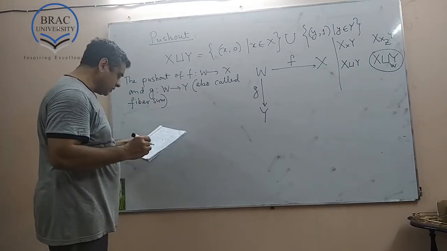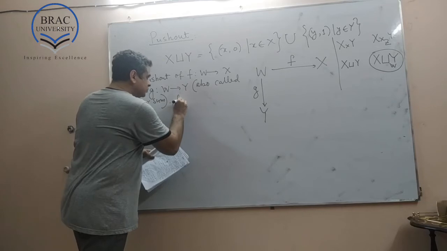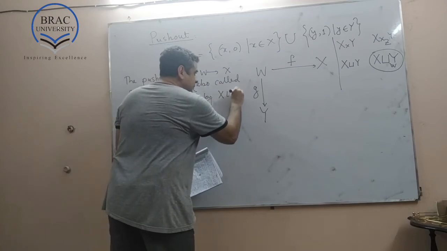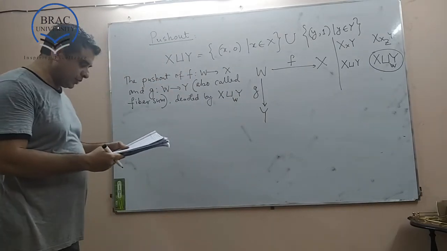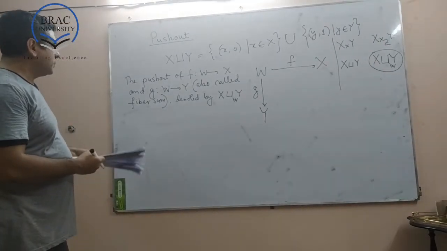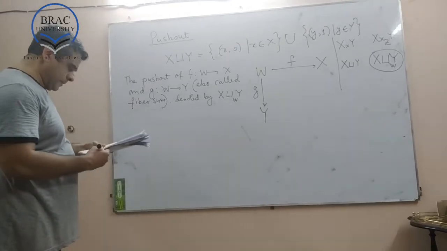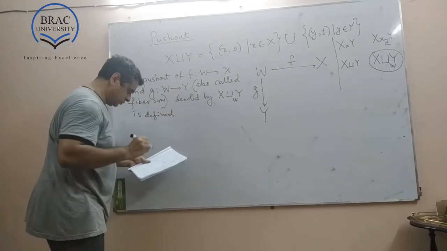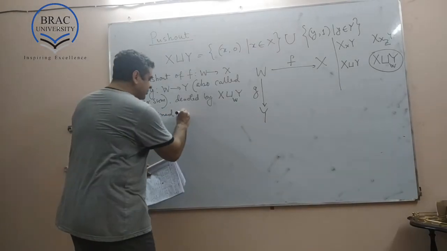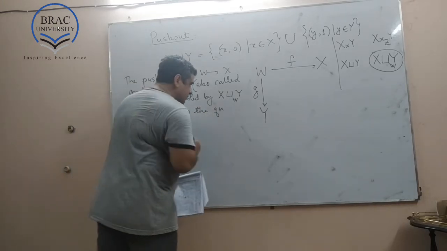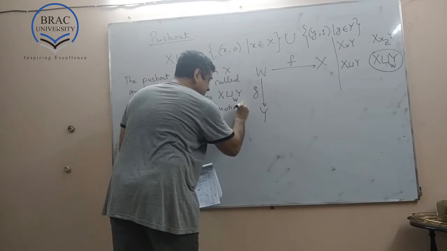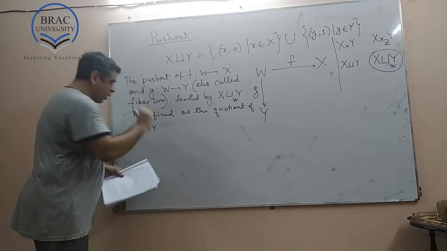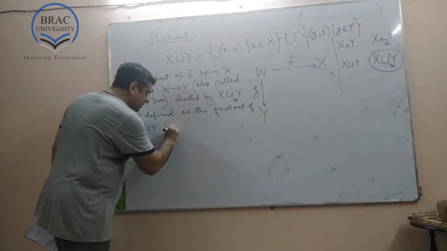Fiber sum, denoted by this notation. So I'm going to define the pushout. It is defined as the quotient, and we know what is meant by a quotient function, of the coproduct by the least equivalence relation.